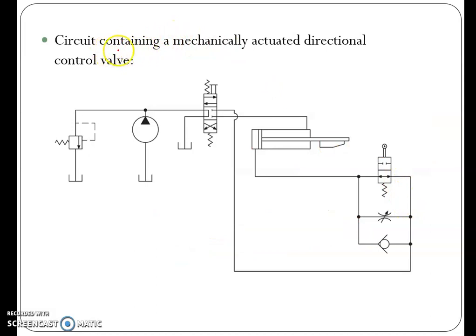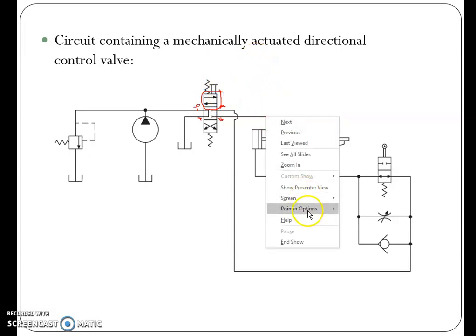Okay, this is the circuit containing a mechanically actuated directional control valve. So the operation of the circuit is bila awak activate, sini ada A, A untuk extend, B ni untuk retract. Sini daripada pump, sini return back kepada tank. So bila awak activate the DCV, dia akan shift ke this position.